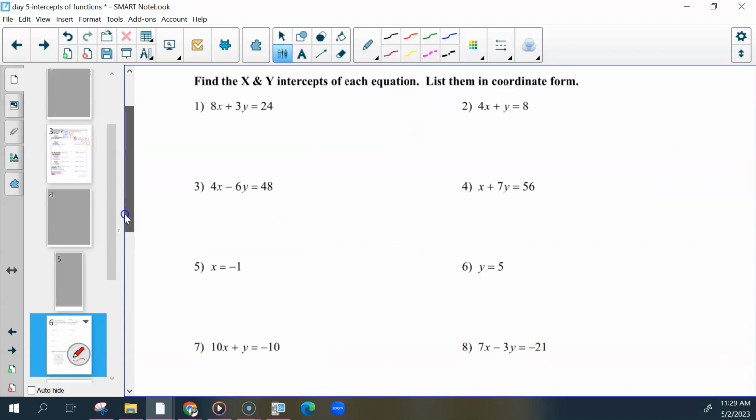So here are more where we have to find them algebraically. Which of those do we want to see, do, go over, review? Any others?